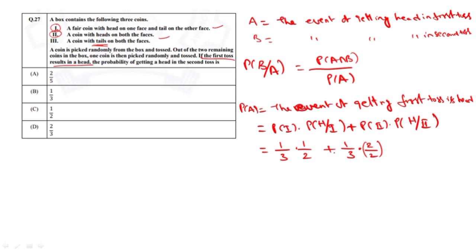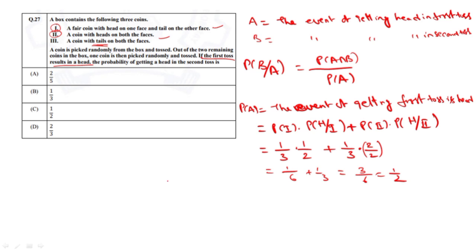So this is 1 by 6 plus 1 by 3, which is nothing but 3 by 6, nothing but 1 by 2.